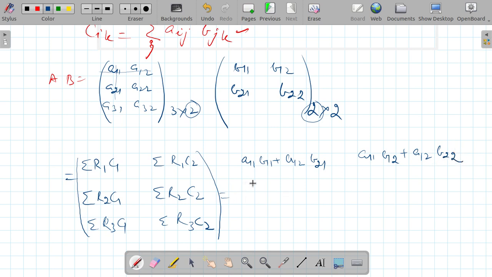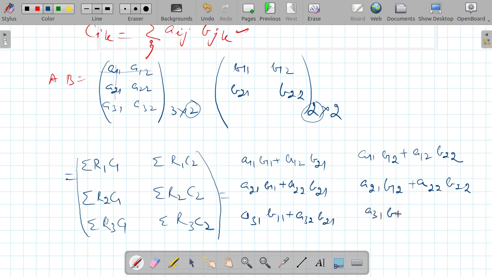Similarly, I can write down other elements: A21B11 plus A22B21, then A21B12 plus A22B22, then A31B11 plus A32B21, A31B12 plus A32B22, right?